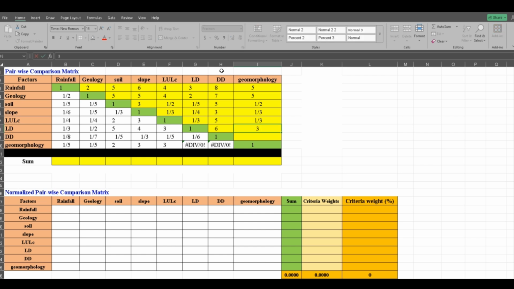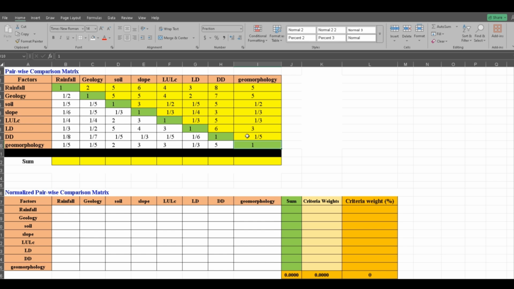Lineament density is moderately important. And finally, geomorphology versus drainage density. Geomorphology is important. Therefore, I will assign a Saaty scale value of 5 for geomorphology, or 1/5 for drainage density.